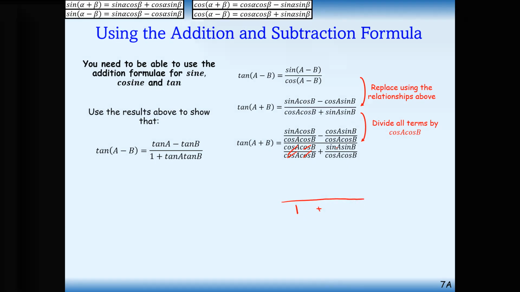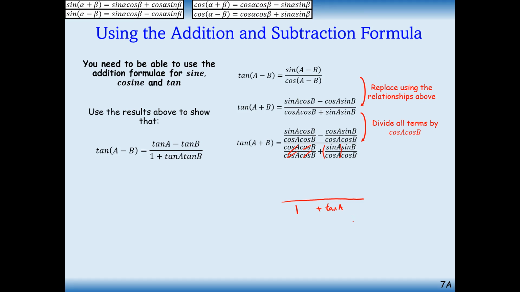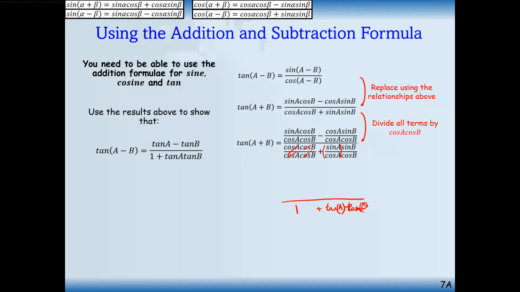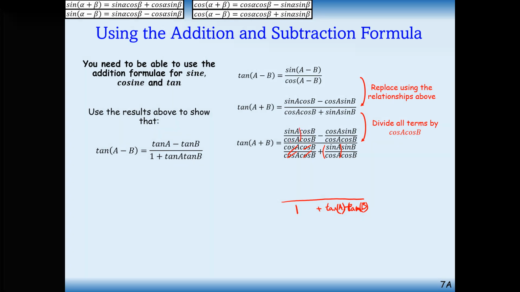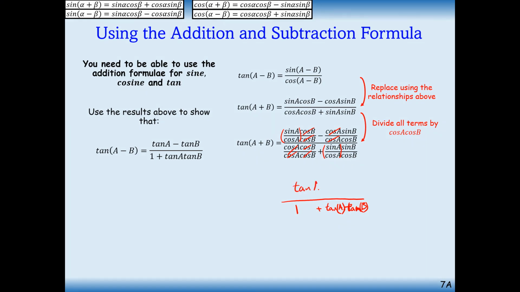Then these two will give us a tan of A, and sine over cos b will give us tan of b there. It is a multiplication between those two tan functions. Then in the numerator we'll have tan of a. The cos b and cos b cancel, cos a and cos a cancel. So basically we're left with tan of a, subtracting tan of b from that.